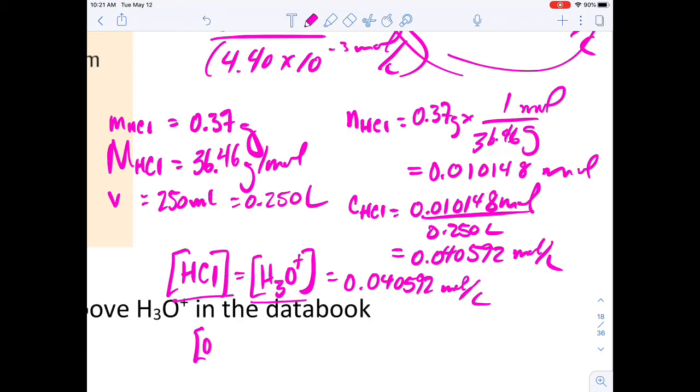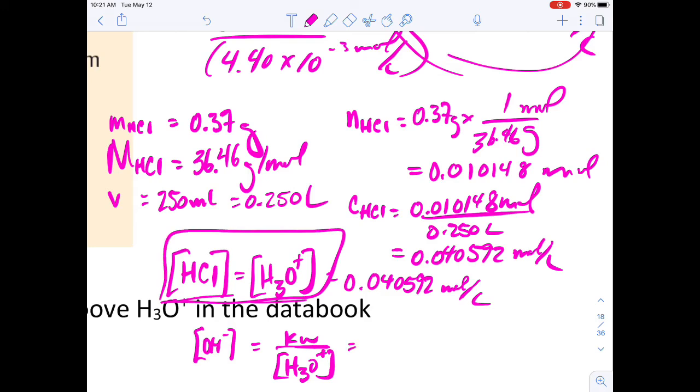So the concentration of hydroxides will equal Kw divided by the concentration of hydronium, which in this case is the same as the hydrochloric acid because it's a strong acid. So I'll take 1.0 times 10 to the negative 14 divided by 0.040592 mole per liter.